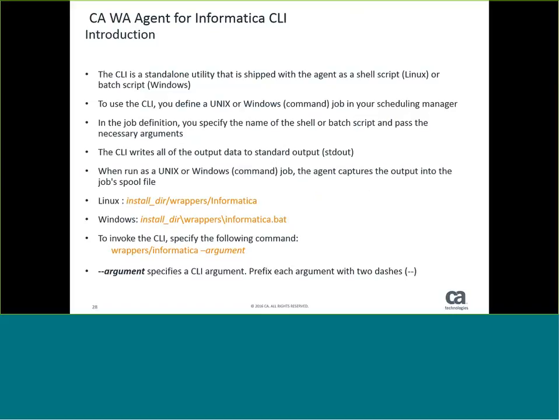So again, in the interim, until those two engines incorporate the full native Informatica job type, we've written this wrapper script. This is where they're located on either Linux or Windows. They're part of the agent install. There's an entire CLI document in DocOps on how to use this thing.